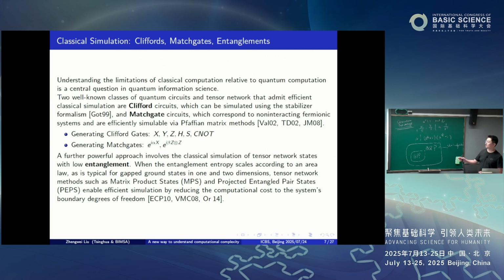And another challenge is if we run topological quantum computing, like the toric code, then the gates with high fidelity, like fault tolerant gates, are those Clifford gates, not T gates. So if you just run fault tolerant topological quantum computing at the first level, it doesn't give you any quantum advantage.